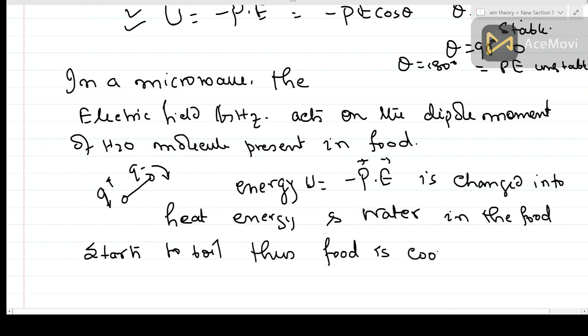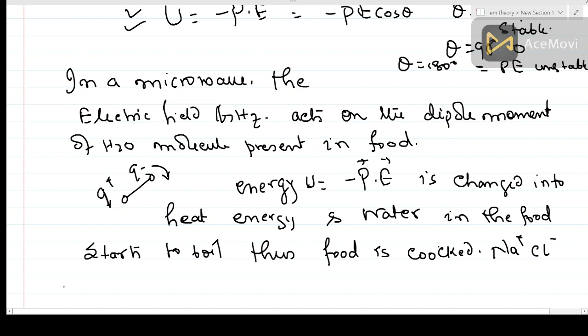Now suppose you are putting some salt in the food, NaCl, the salt that we use in our cooking. This NaCl is again a dipole, and this dipole also rotates and stores energy in the electric field.